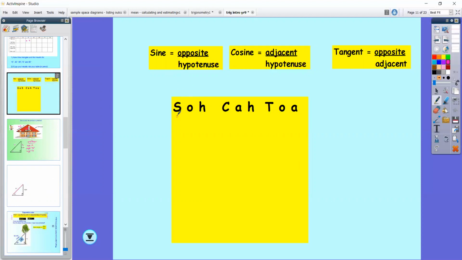And sine is opposite over hypotenuse and so on. Okay, so I get them to, I don't like copying, but this is something I think they do need to be able to refer to and know how to spell. What does it tell us? It says sine of the angle is opposite divided by hypotenuse. It tells you what to do once you've decided.